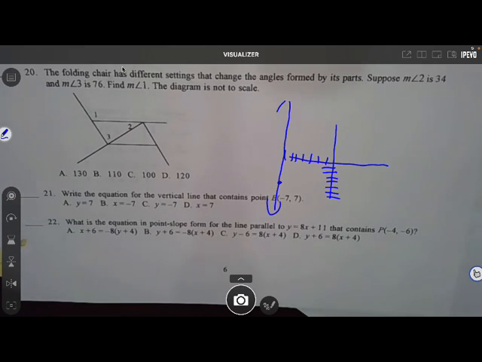Does that have anything to do with my y value? No, I'm not going through my y-axis. So it's x equals, and what number does x equal? At every one of those points, x is -7. So that's why it's B. Anytime it's a vertical line, it's x equals. When it's a horizontal line, it's y equals.